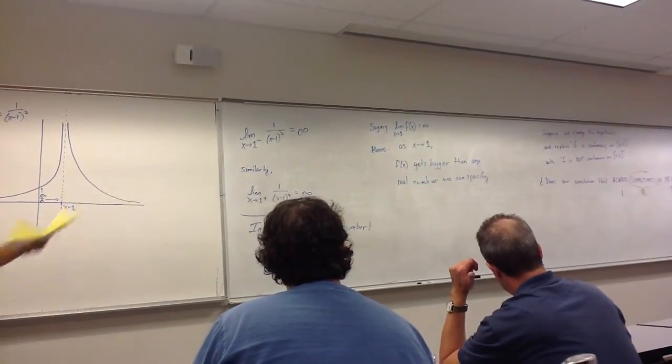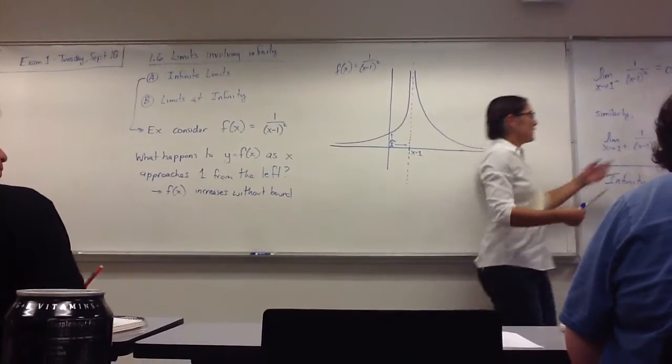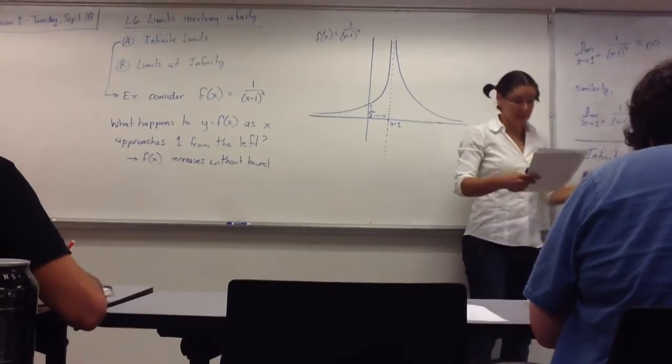All right, so again, writing infinity is a special case of limits not existing, but we make an exception because the limit not existing is doing so in a way that we can describe by this infinity symbol.